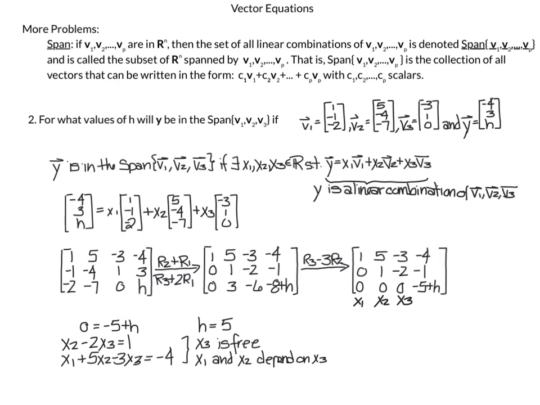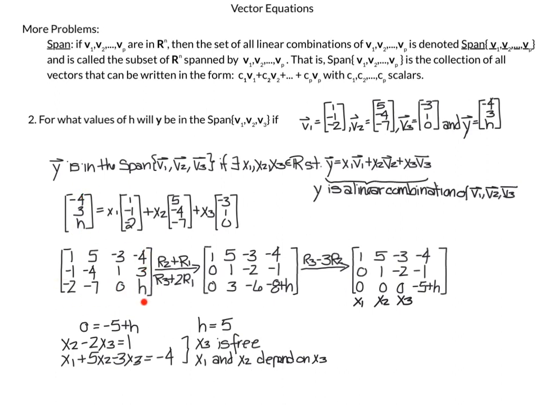And then the other key is to see that this vector equation has the same solution as this augmented matrix of a1, which is 1, -1, -2, a2, which is 5, -4, -7, and a3, which is -3, 1, 0, augmented with b, which is -4, 3, h.